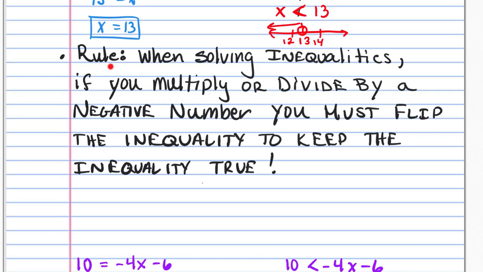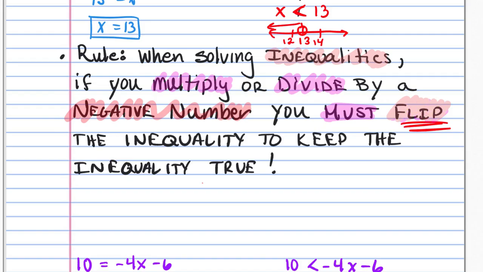The rule is, when solving inequalities, so this only applies to solving inequalities, if you multiply or divide by a negative number, then you must flip, flip, flip. Oops, highlight, flip. Use a red highlighter on that thing.